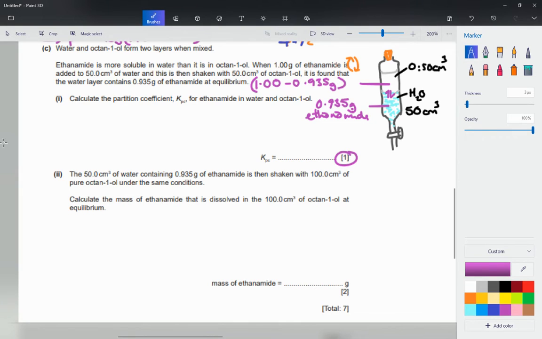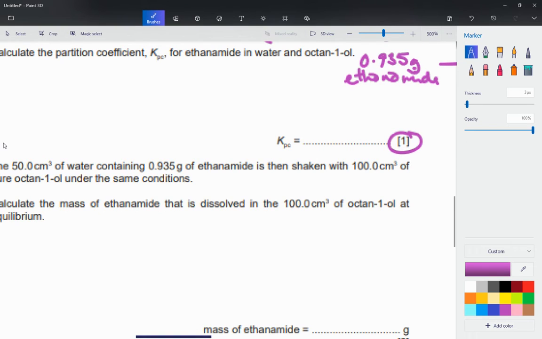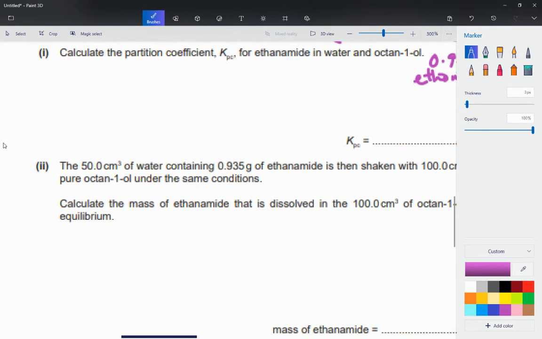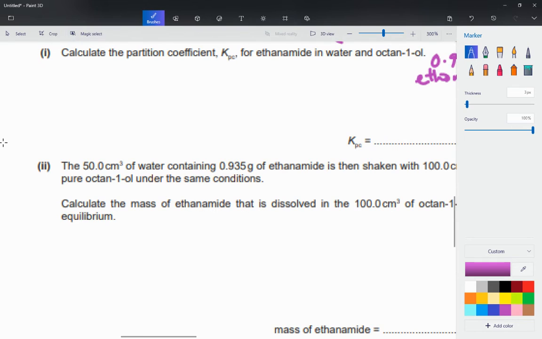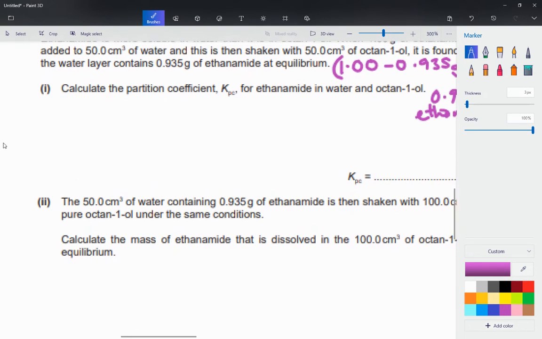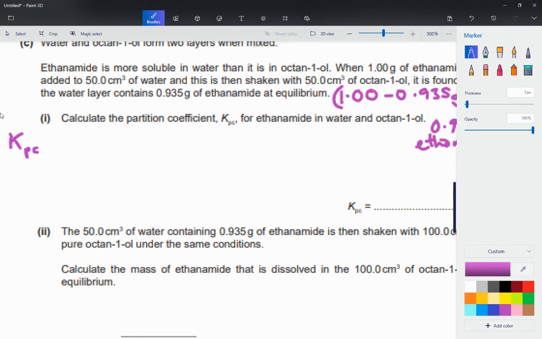So I'll do the full calculation, and then I'll show you a couple of tricks that you can deploy in order to save yourself time. And once you know those tricks, you can use that trick to tackle this type of question in the future. So the expression that you want for the KPC is, you need to first of all understand that the ethanamide started off in water.